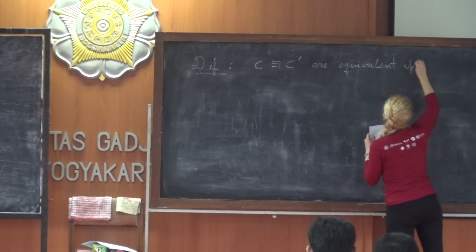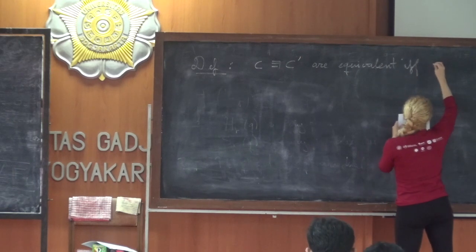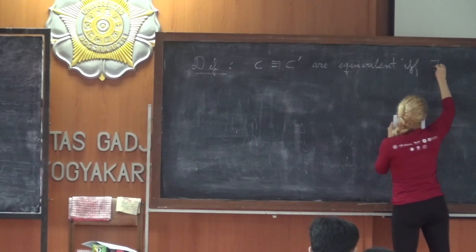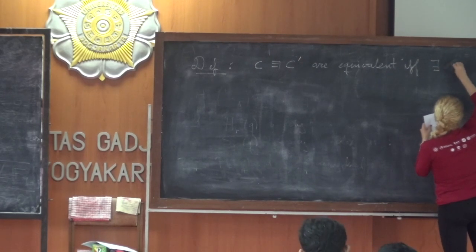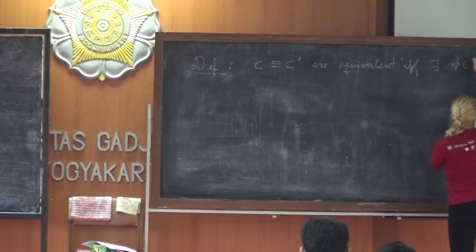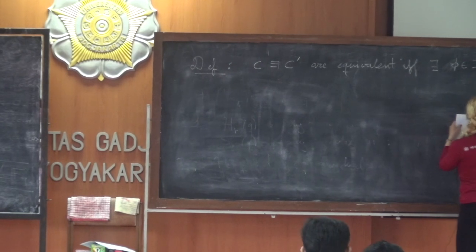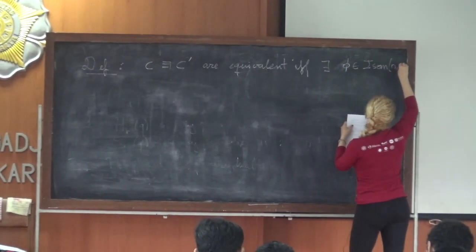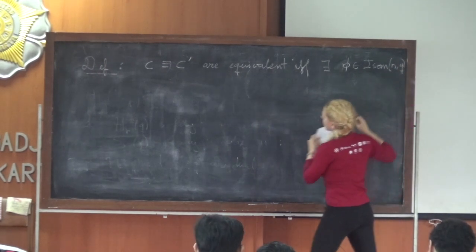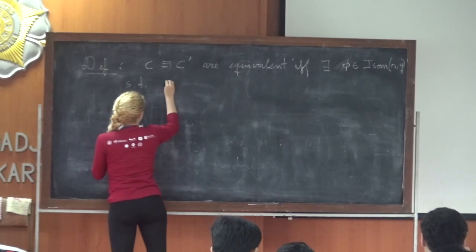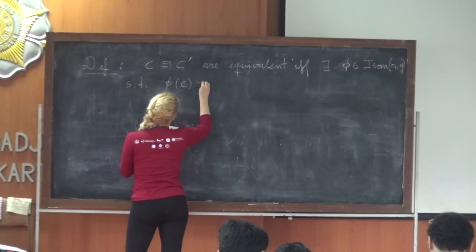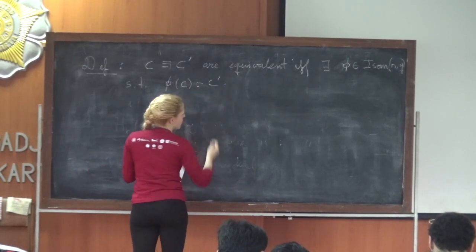if and only if there exists a map, I'm going to call it phi, an isometry. I'm going to define now what an isometry is, such that the image of one code after the isometry is equal to the other.